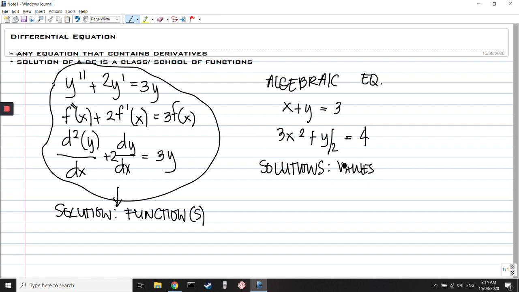So these two are different. The differential equation has a solution of functions, while the algebraic equation has a solution of values, either variables or constants. So go on, shall we?